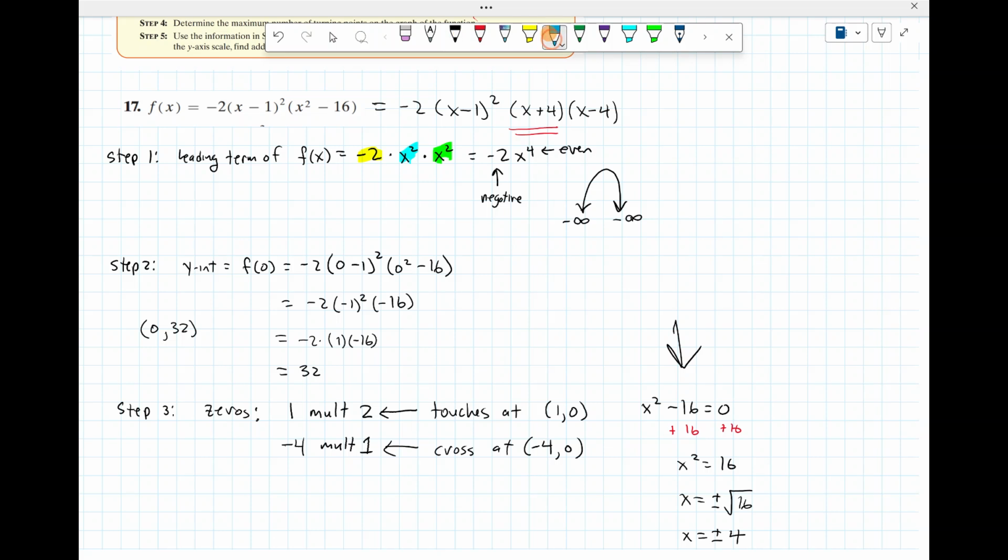And then looking at the last factor, we have x minus 4, which means that 4 is a zero with multiplicity 1. And again, it'll cross at 4, 0. And I know it crosses because the multiplicity is odd.